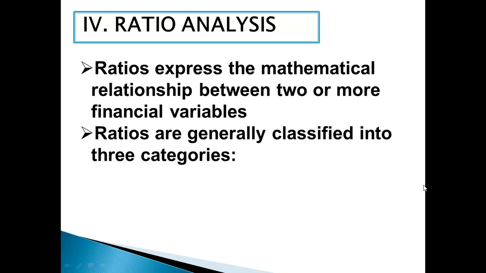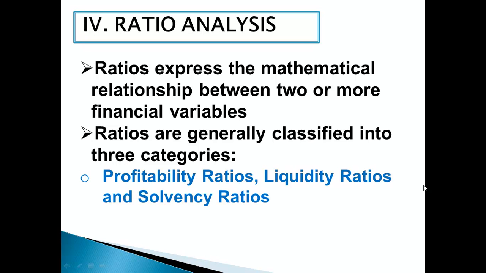We will classify these ratios into three categories. They are the profitability ratios, liquidity ratios, and solvency ratios. And you will see a presentation for each of these three in the Blackboard learning module for financial statement analysis.